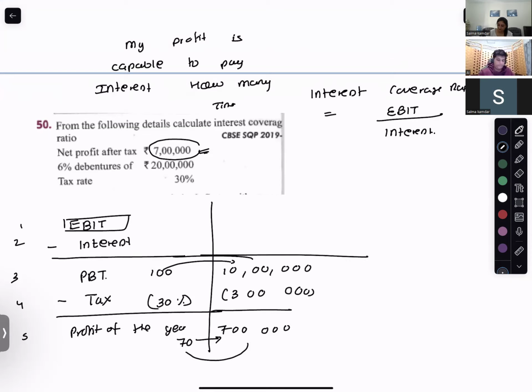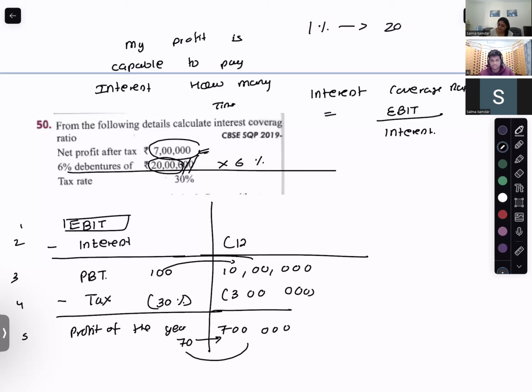Interest on debentures: 10% will be 2 lakh, 1% will be 20,000, so 6% will be 120,000.